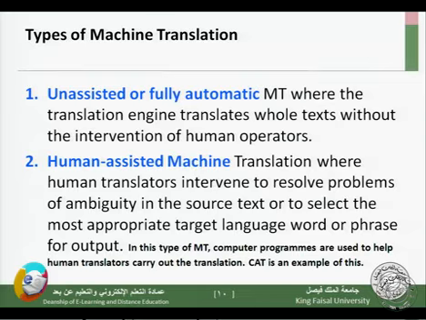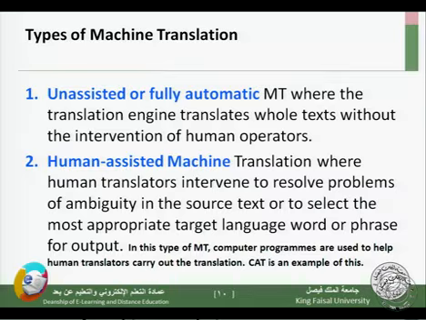Unassisted or fully automatic. Unassisted means a fully automatic type of translation, where the translation engine translates the whole text without the intervention of a human operator. In other words, you have a text, you put it in a program, and then this program produces a complete text without any help.